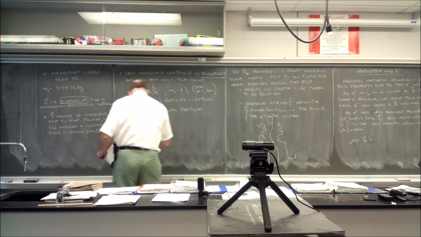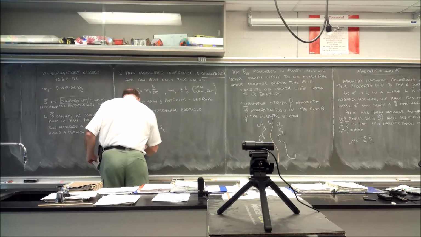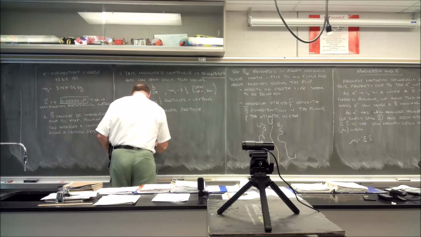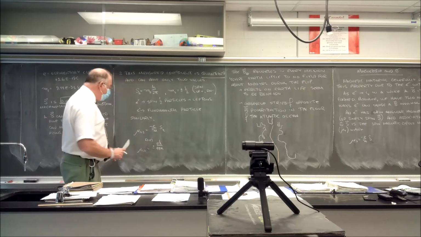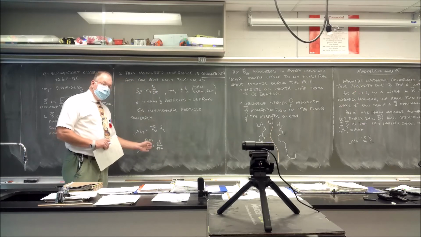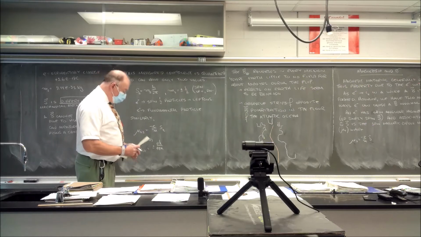And mu sub S comma Z is equal to plus or minus eh over 4 pi m. So the 1/2 has been incorporated in here where it was not before.